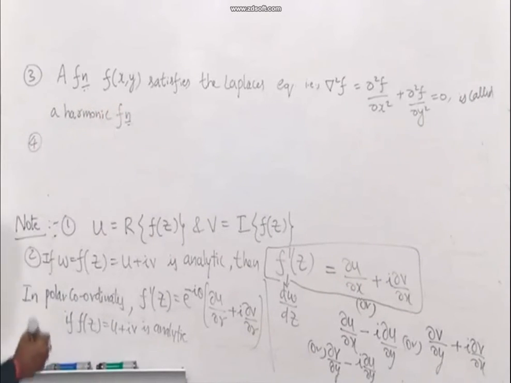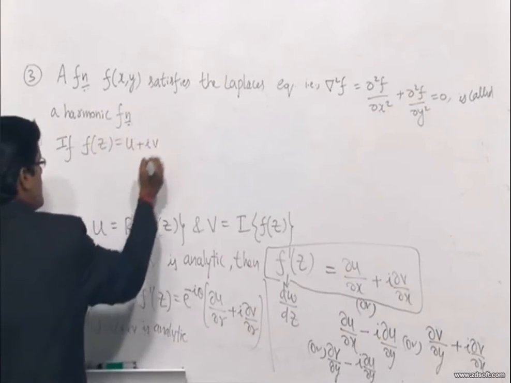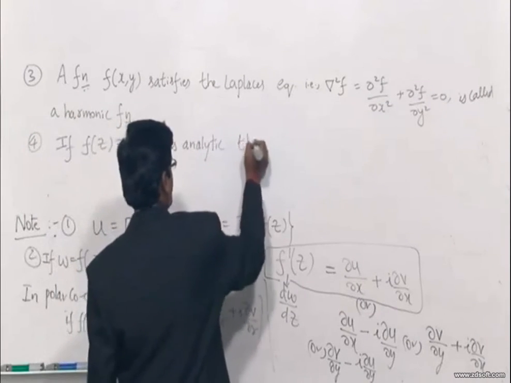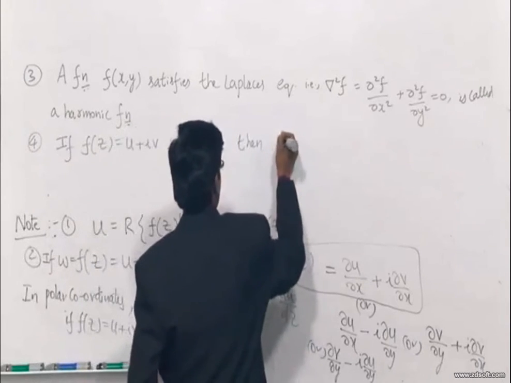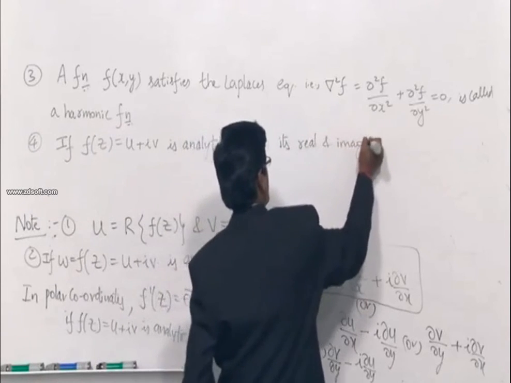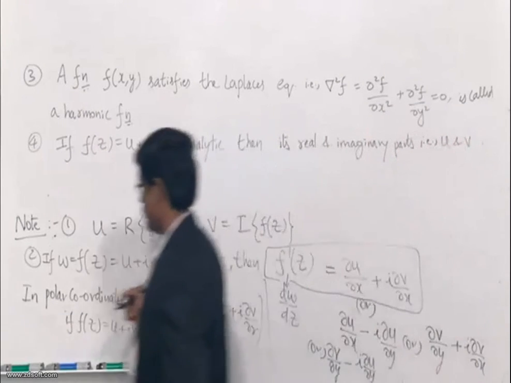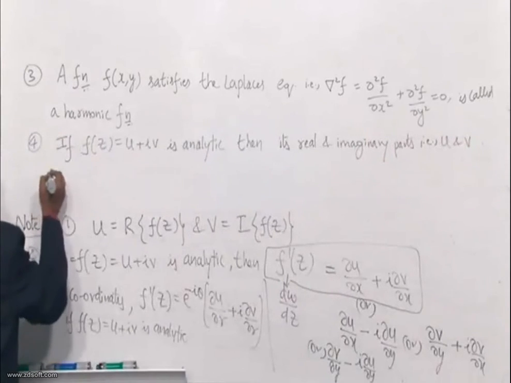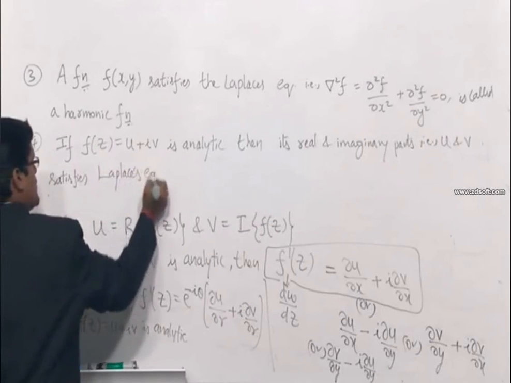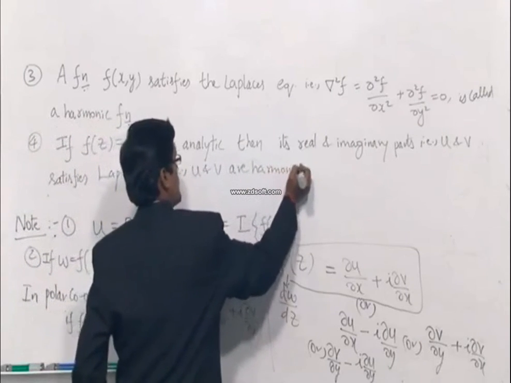Fourth one: if f of z is equal to u plus iv is analytic, then its real and imaginary parts, that is u and v, satisfy Laplace's equation, that is u and v are harmonic.